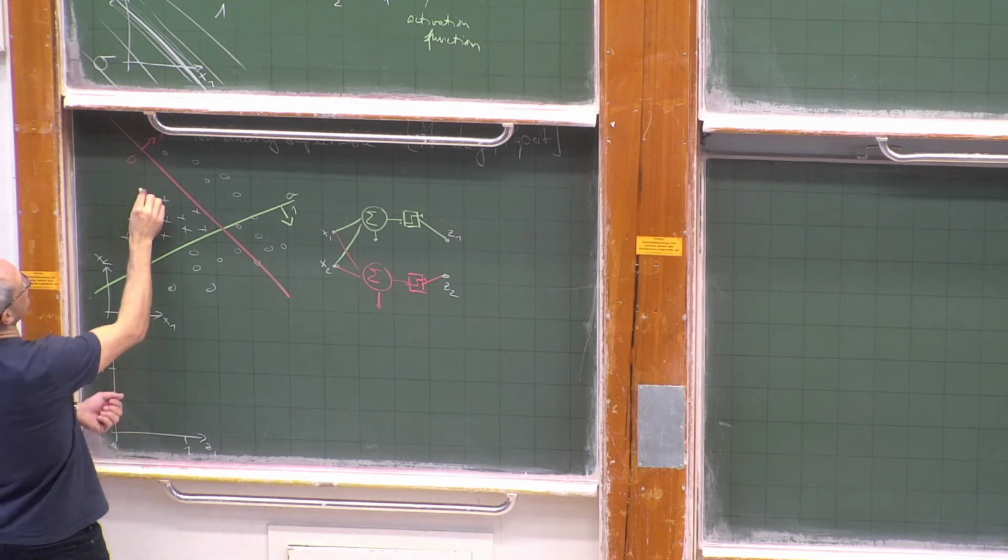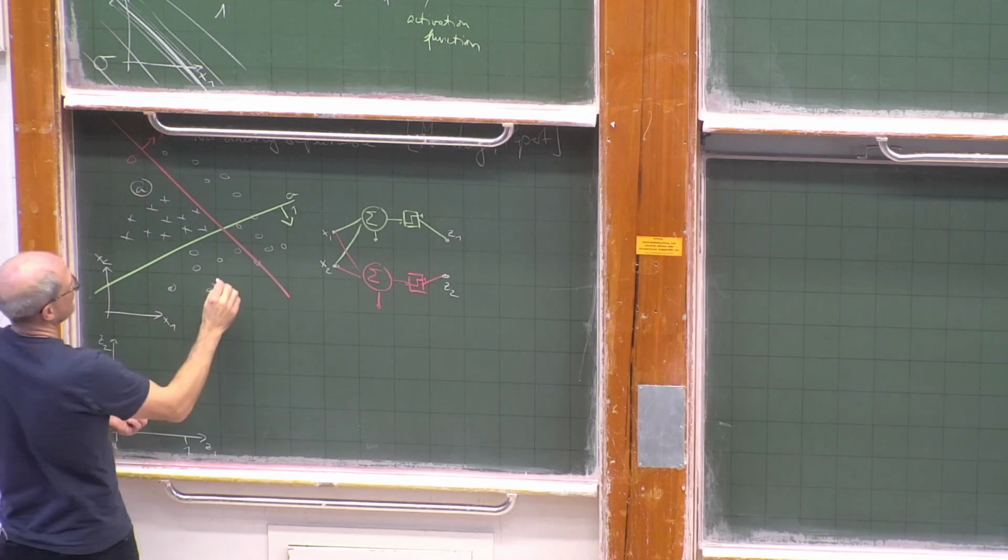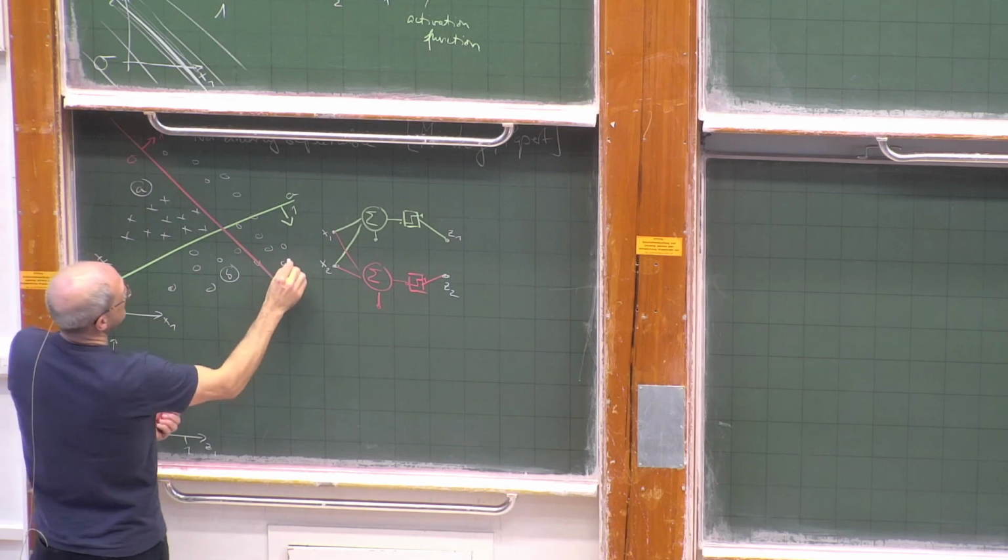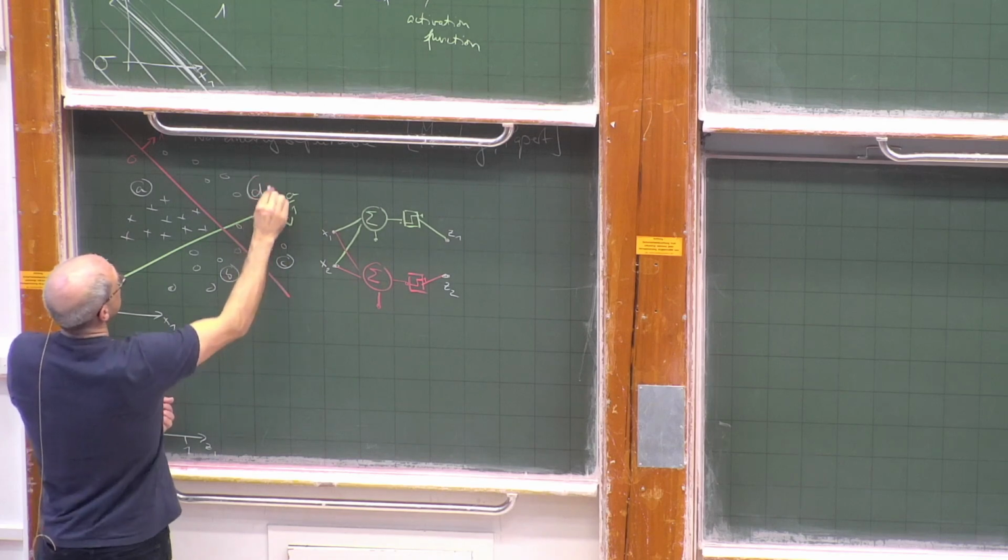So I'm going to give names to these regions. Let's call them A and B and C and D.